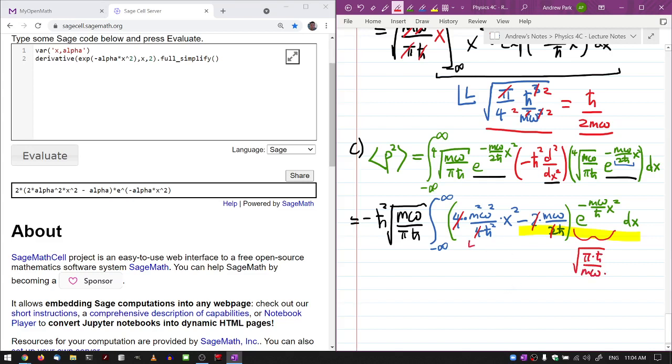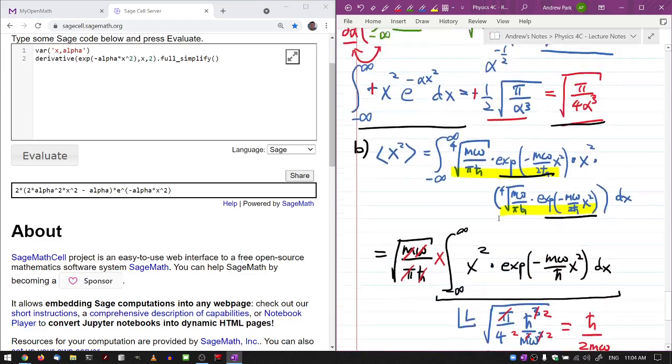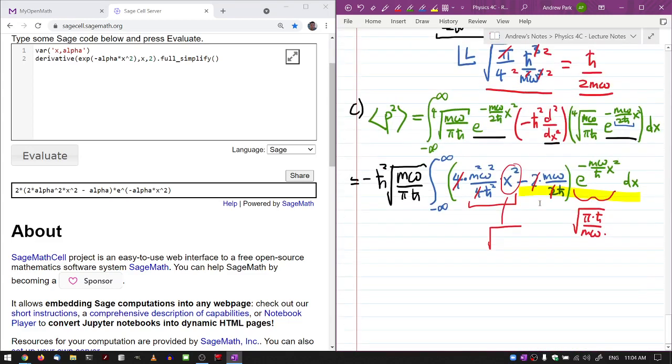Now the term with the x squared portion is going to end up as the square root of, I think it was, pi over 4 alpha to the third power. So it's going to be pi h bar to the third over 4 m to the third omega to the third.